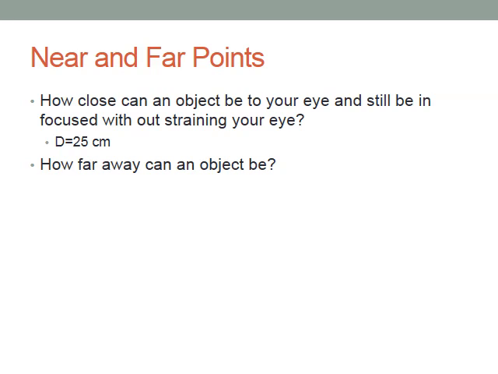Now, the farthest your eye can see, well, that's actually pretty easy. Think of the farthest object you can look at clearly without really straining your eye. I mean, you can see a mountain in the background, right? That's not hard. Can you see farther than that? Can you see the moon? Can you see stars? Well, heck, stars are really far, aren't they? Your eyes can actually see all the way out to infinity, or just psychotically far objects like stars, without a problem.